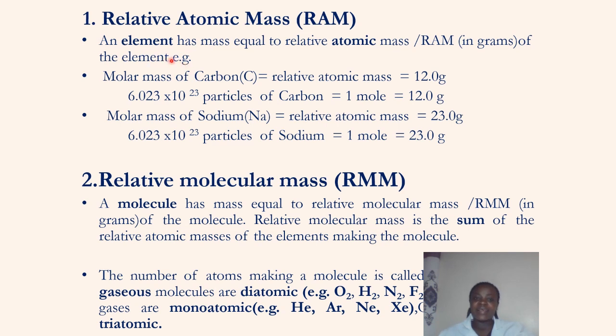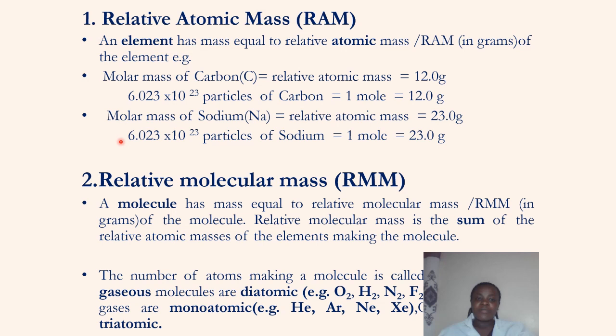So an element has a mass equal to its relative atomic mass in grams. For example, if we are talking about carbon, the molar mass of carbon is equal to its relative atomic mass. So if the molar mass of carbon is 12.0 grams, it means the relative atomic mass is 12.0 grams. So that is what we mean.